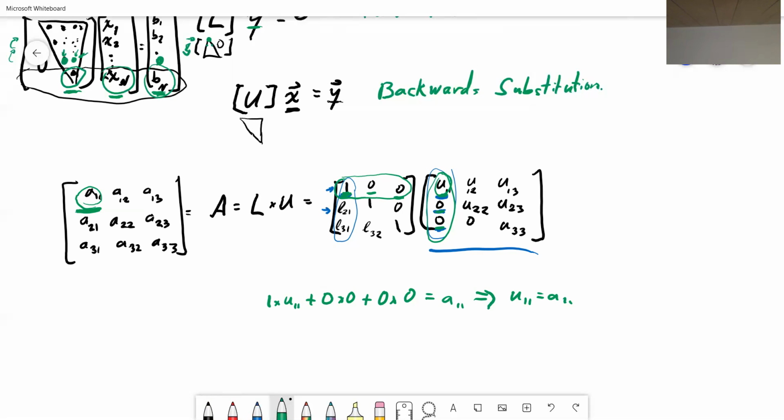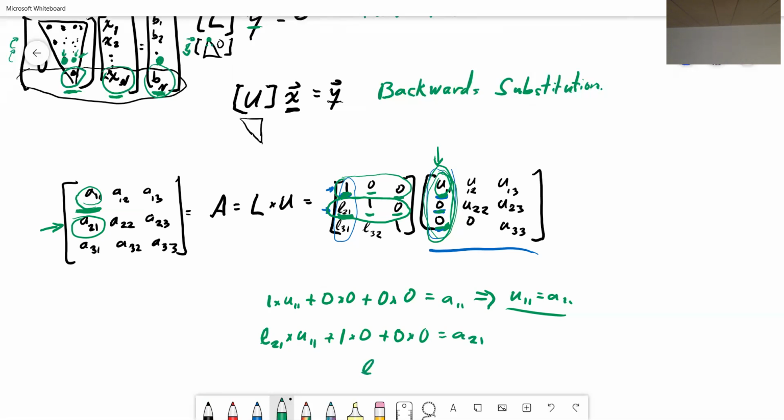So let's go to this guy. If we take this row and multiply it by this column, second row, first column, we will get second row, first column of A. So if we multiply first element, L21, times first element, U11, which we already know, plus second element, 1, times second element, 0, plus third element, 0, times third element, 0, that equals second row, first column of A, so A21.